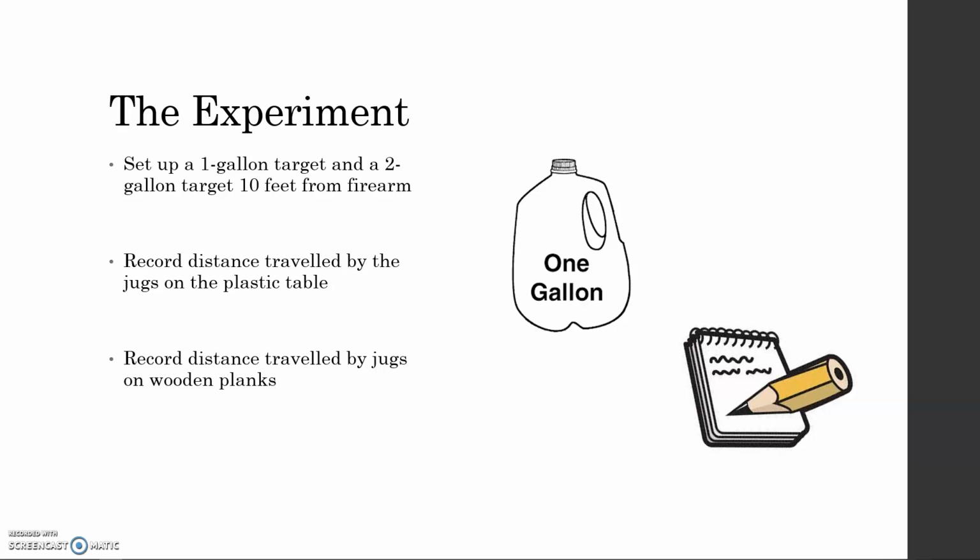We set them on top of either the table on its own, which would give us a polyethylene on polyethylene surface, or a plank of wood on top of the table, so it would be the wood coming into contact with the milk carton. Each trial, we recorded the distance traveled by the jugs on the plastic table, and also the distance traveled along the wooden planks.